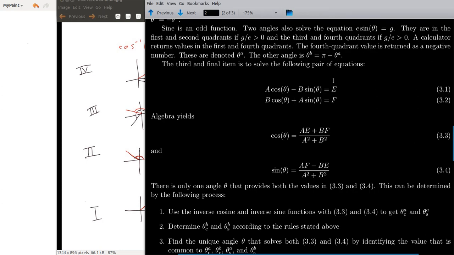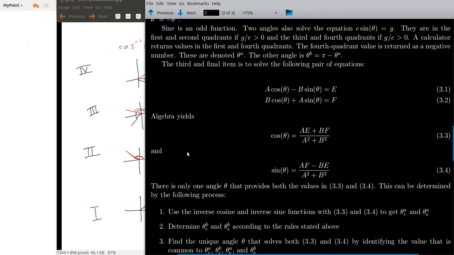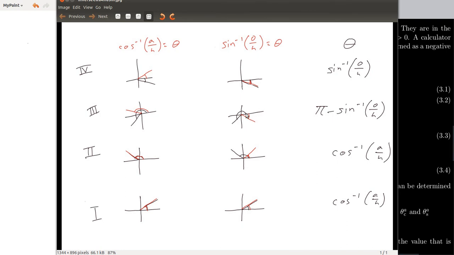Another situation, say they're both negative. Say this is negative and this is negative. Well, in that case, inverse cosine is going to give you a value in the second quadrant, this red line here. So this red line is for a negative value. And inverse sine is going to give you a value in the fourth quadrant, so one of these two.